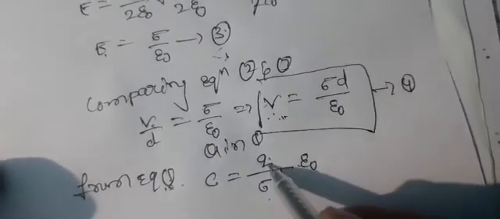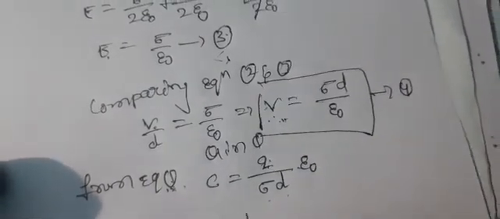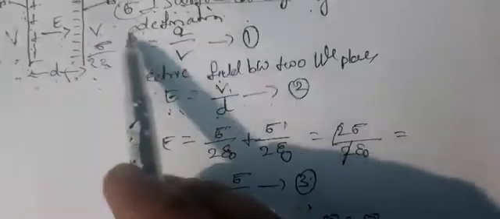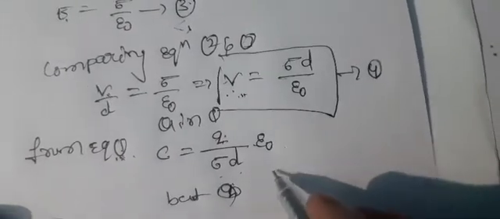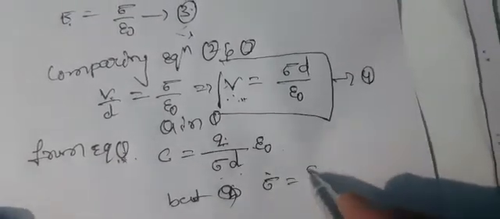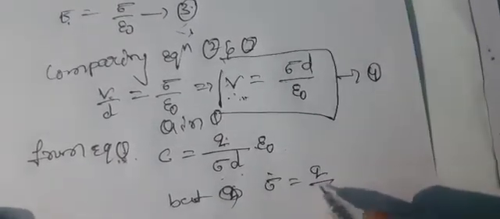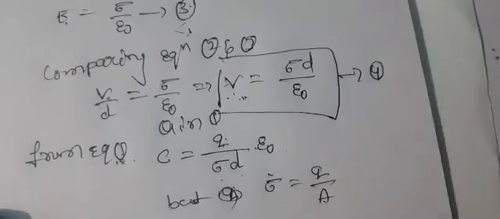But Q is the net charge. By using the basic definition of surface charge density, sigma is equal to the charge per unit area, charge by area.